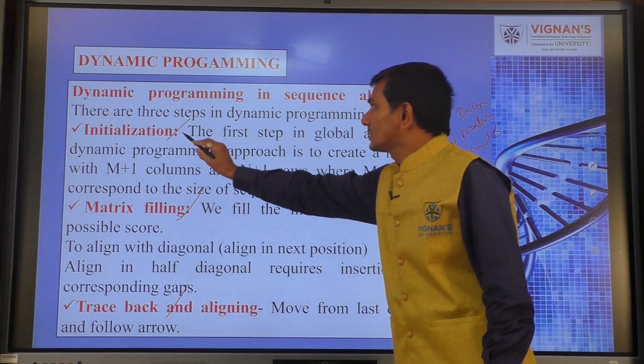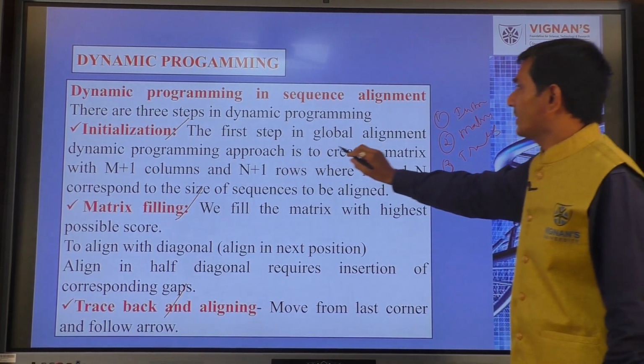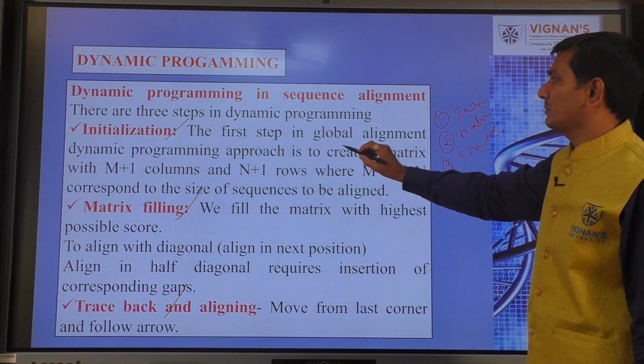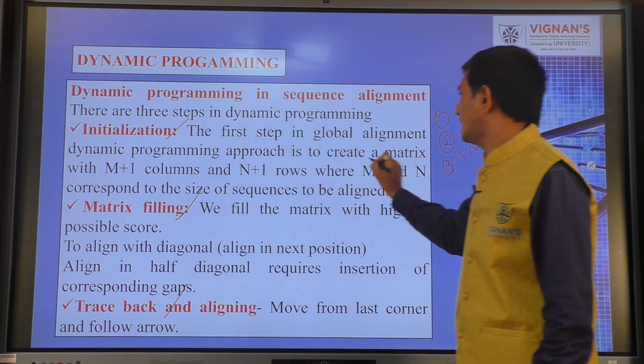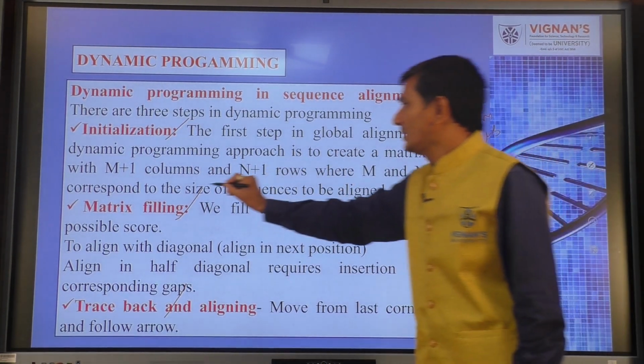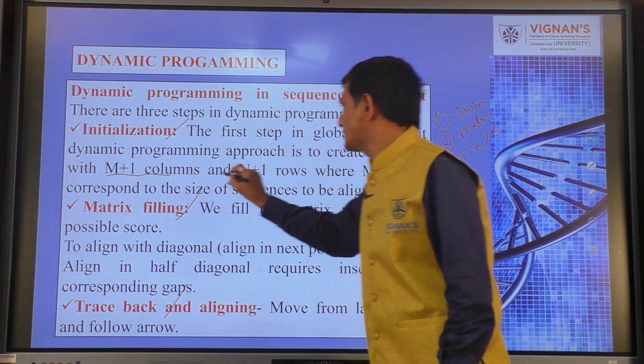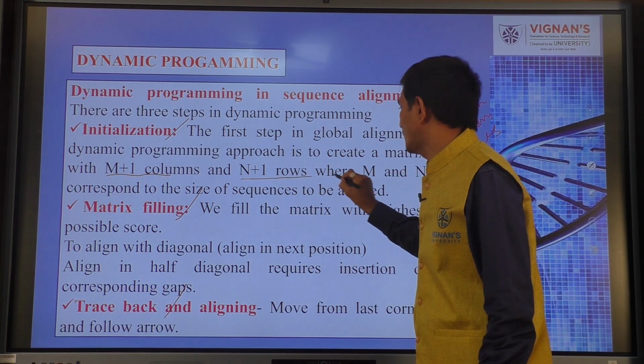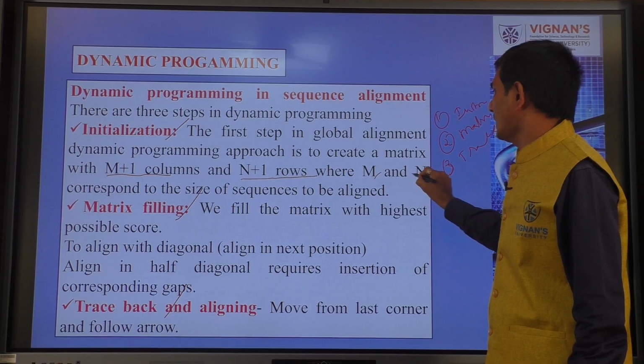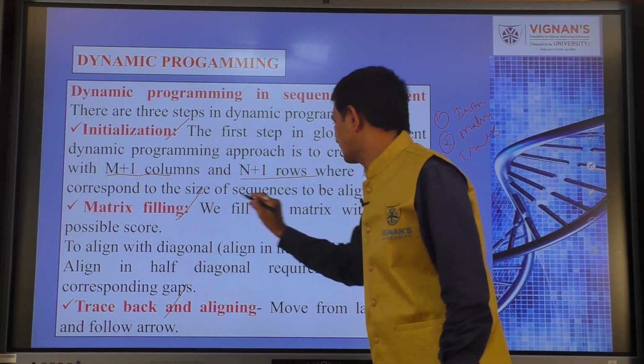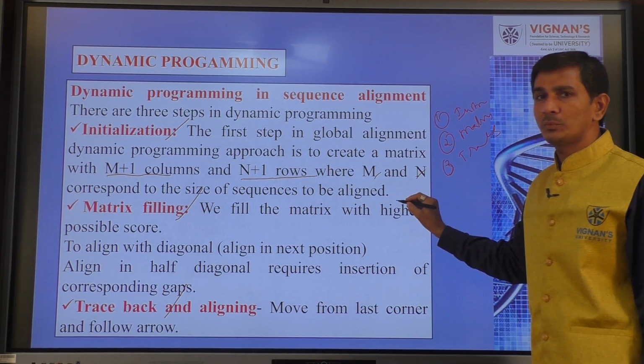Coming to the first step. The first step in global alignment, which is the dynamic programming approach, is to create a matrix with m plus 1 columns and n plus 1 rows, where m and n correspond to the sizes of the sequences to be aligned.